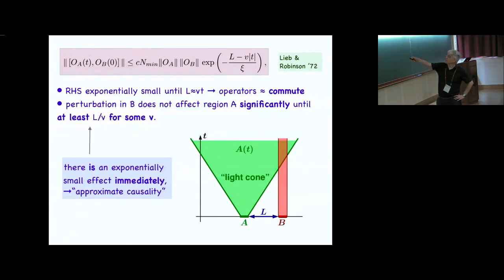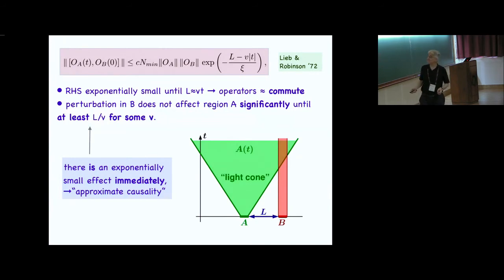Okay, so now let's look at the right-hand side. The right-hand side is exponentially small, because initially at time t equal to 0 you have e to the minus L over xi. So if the spatial separation between these two regions is very large compared to xi, which is some kind of correlation length, then the right-hand side is tiny, and then the operators approximately commute.